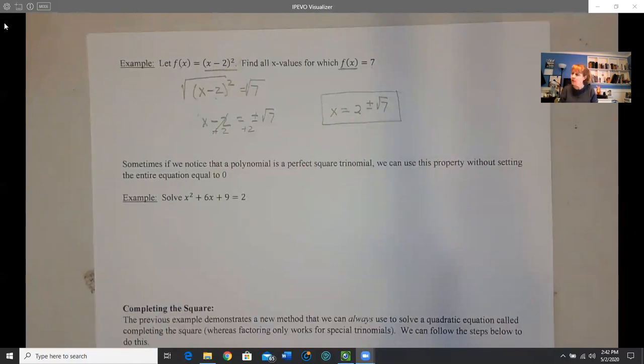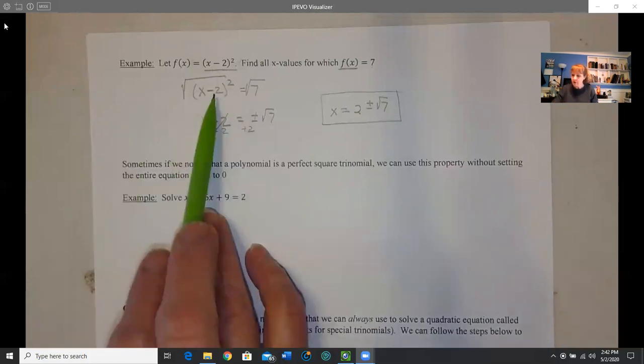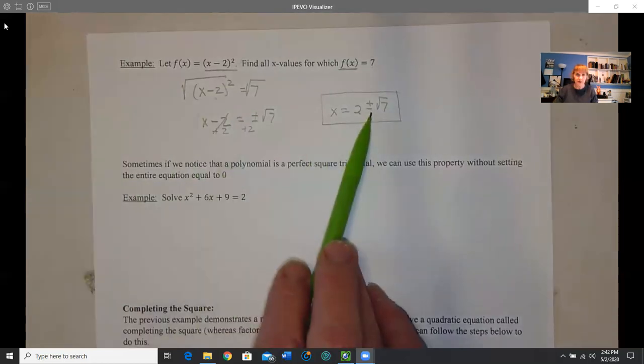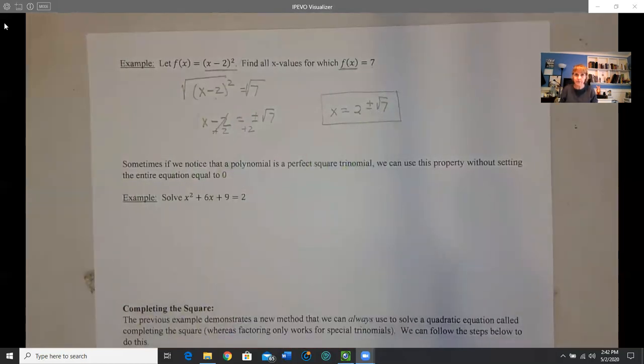It just happens to be an irrational solution. It would not have been possible to multiply these out, bring the 7 over and factor, because you can't factor and get a solution like that. There's just no way. Alrighty, so we're getting closer and closer to all the steps we need for completing the square.